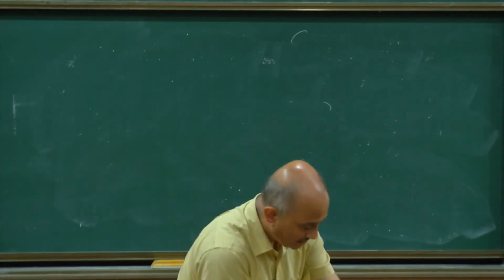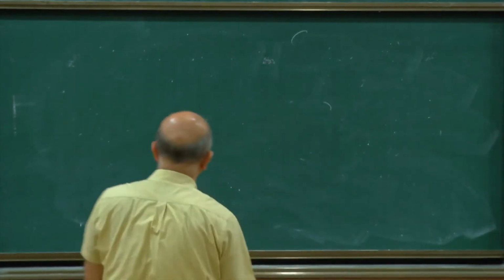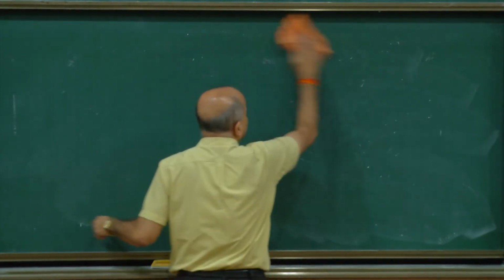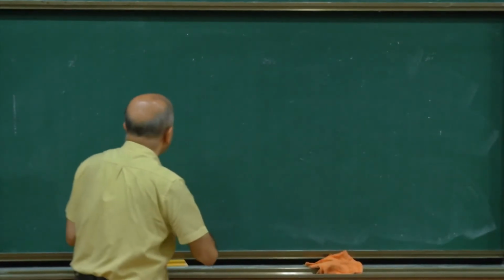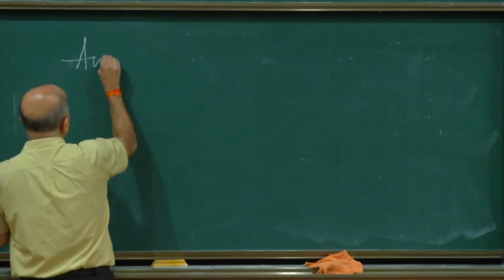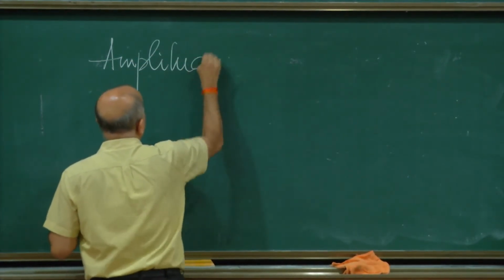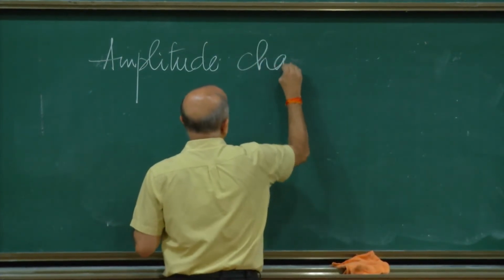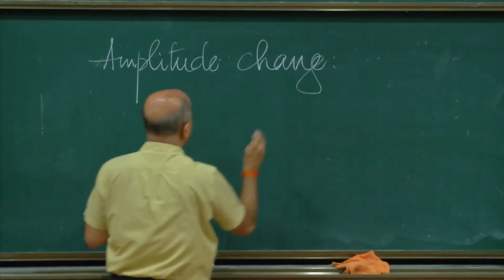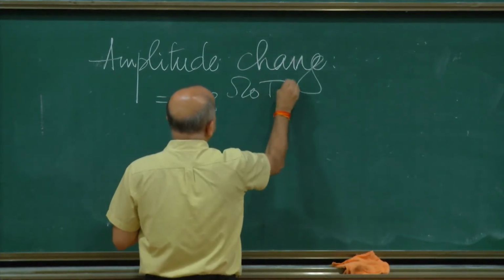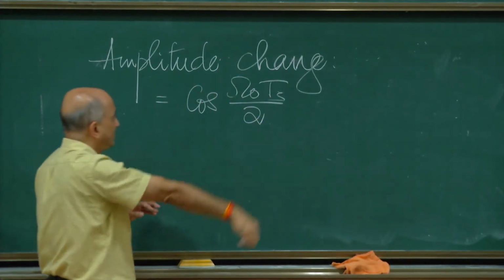So if you look at it, let's first focus on the amplitude change. It is cos(omega naught Ts/2), right?